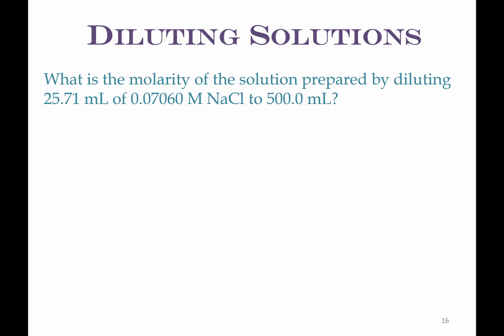What is the molarity of the solution prepared by diluting 25.71 milliliters of this molarity of 0.0760? So it says by diluting. So that means this is the concentrated.